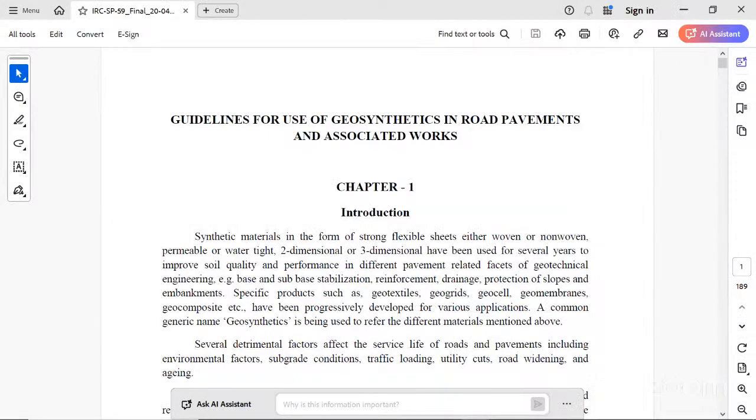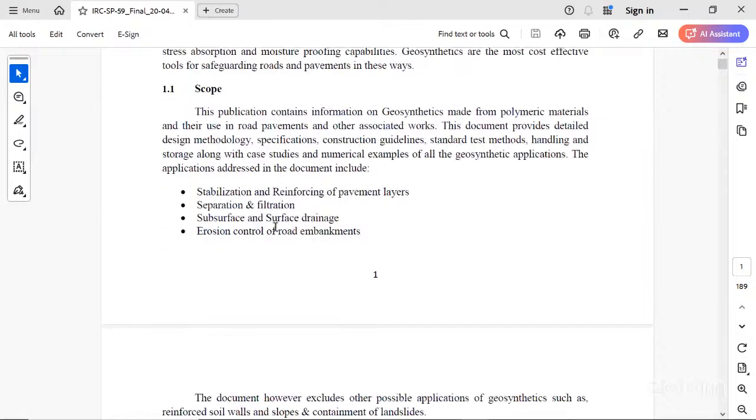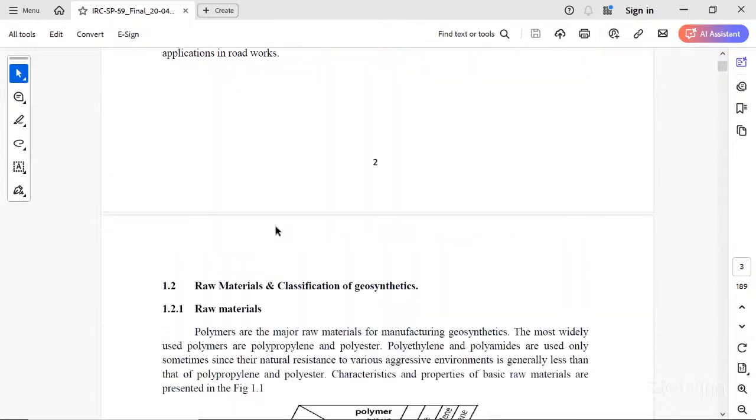Yeah, this is SP 59, Geosynthetics in road pavements and associated works.